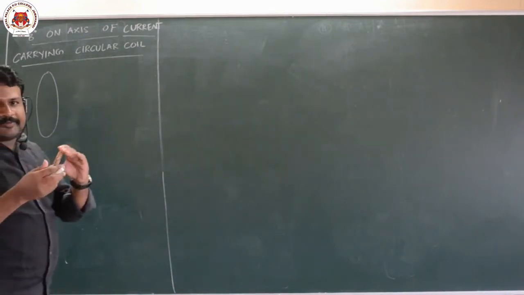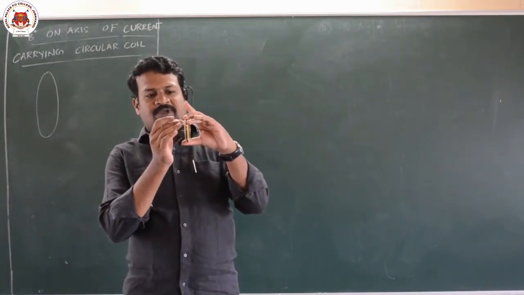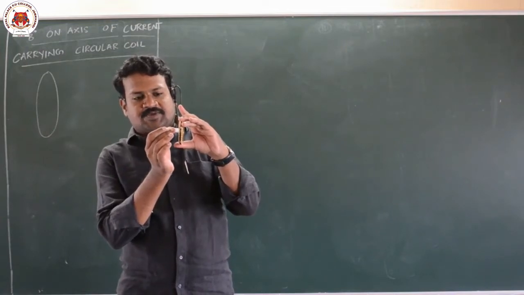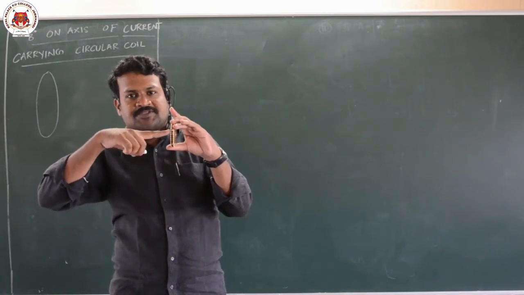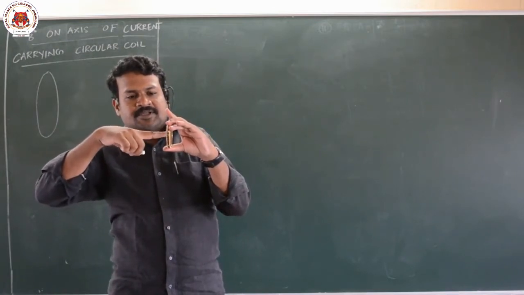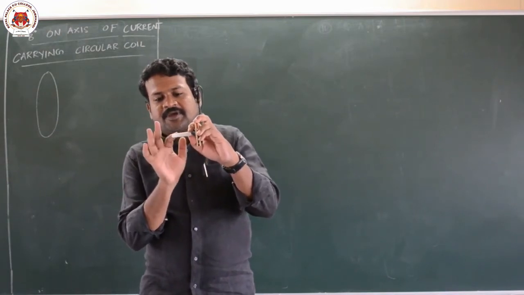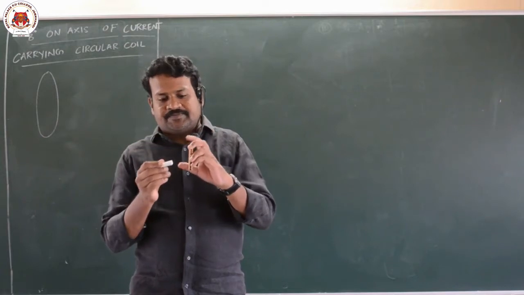The coil will be in the YZ plane and the axis will be along this line. This is the direction of the axis. Along this axial line, at any point, we can find the magnetic field.